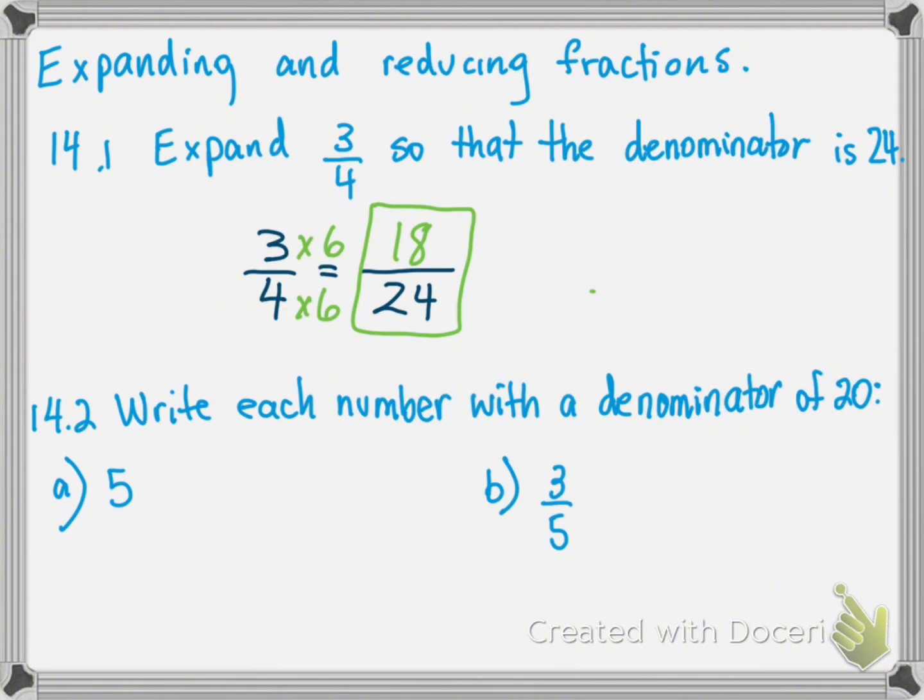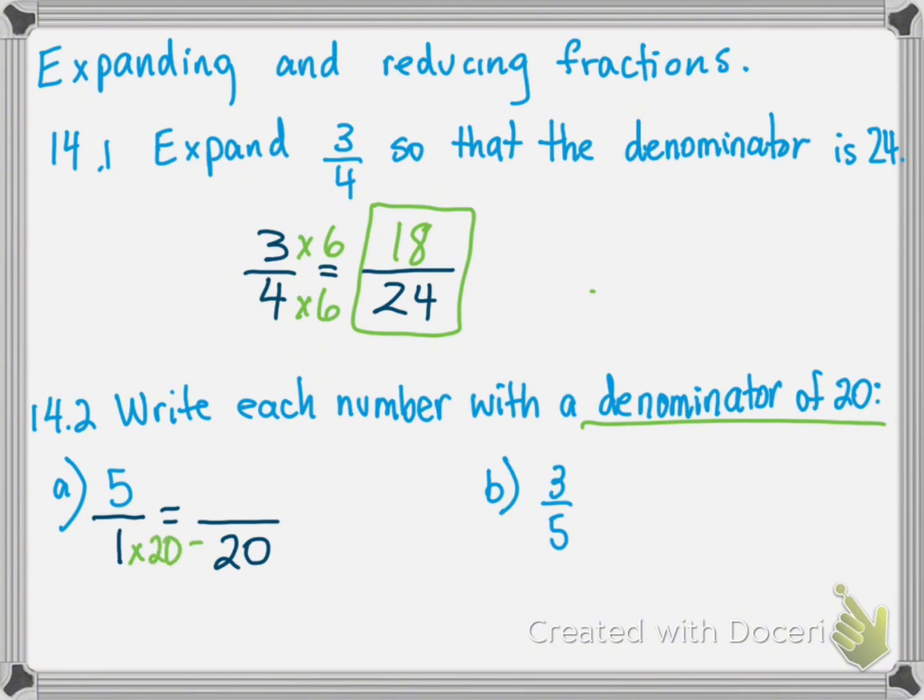So let's look at another example. In this case, we want a denominator of 20. So what we're going to do is first write the denominator of 5. Remember that 5 is the same as 5/1 because 5 divided by 1 is 5. So I write what is the denominator that I want, which in this case is 20, and I have to think about what number I have to multiply 1 by to get 20.